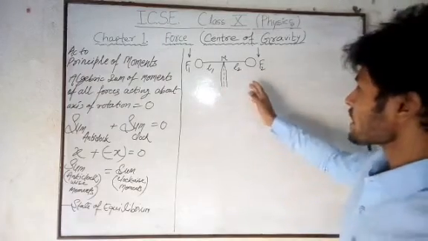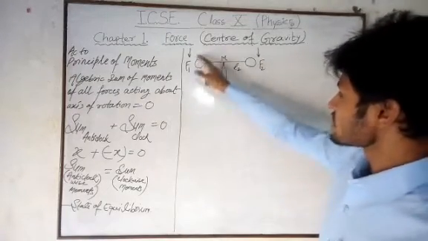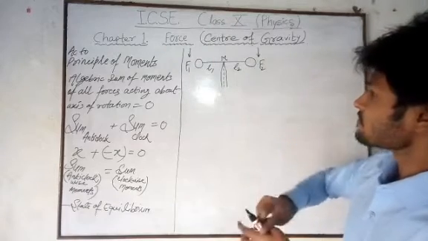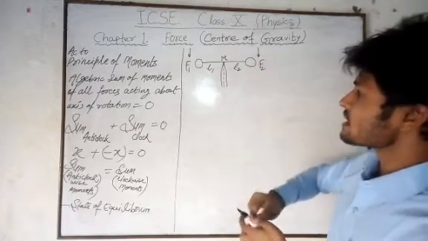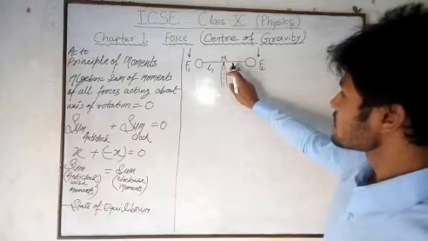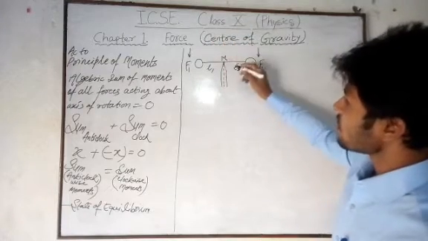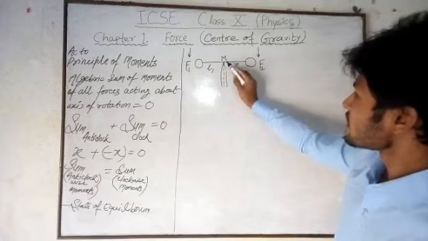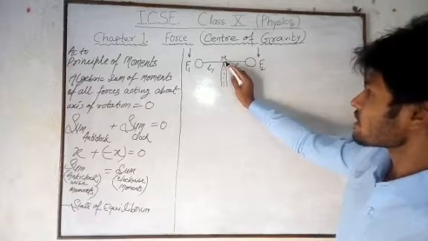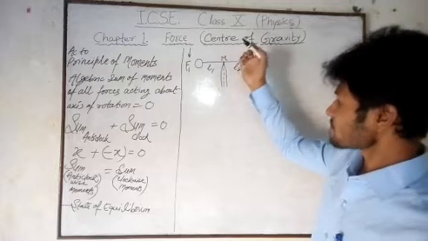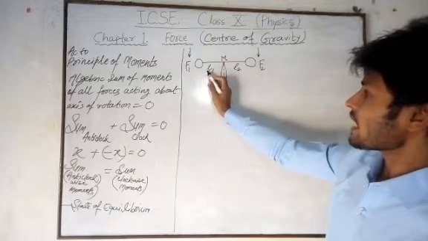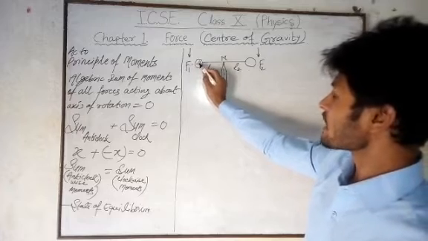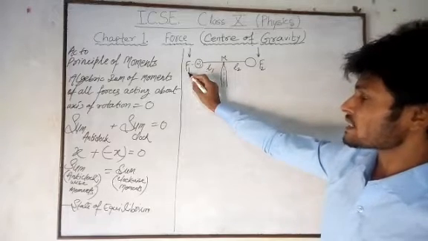Let's see one example. Suppose this is a system, a body in the shape of a dumbbell. Here it is at rest on the knife edge at the point M. On the left side of point M, L1 is the length, and this is, suppose, the weight W1.